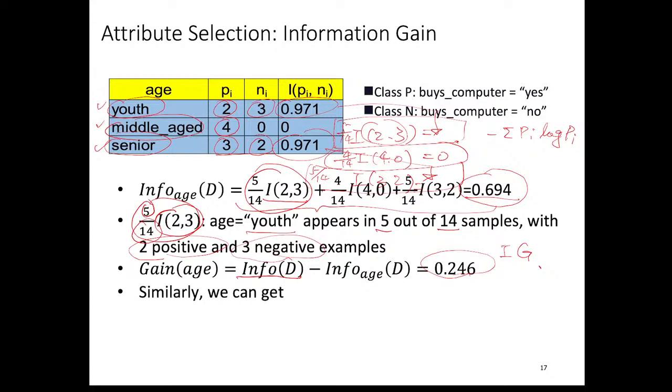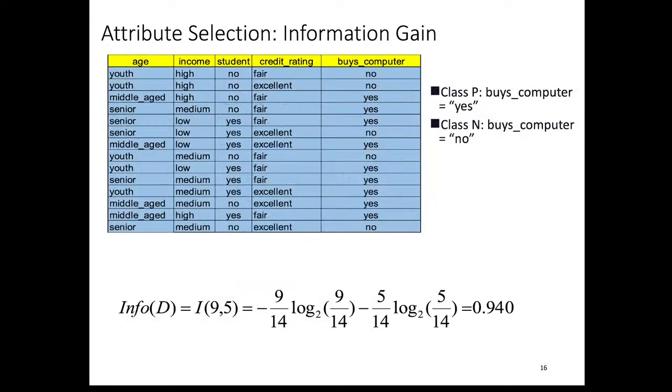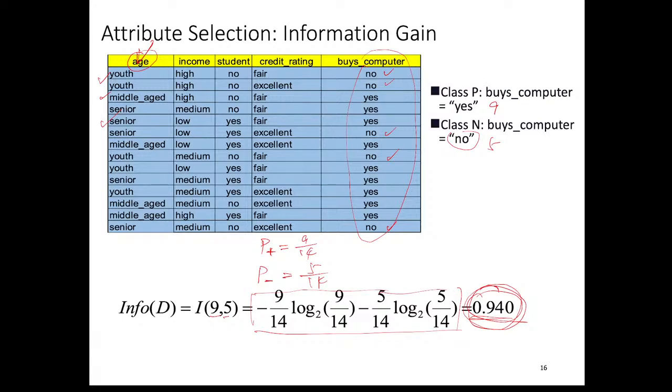Similarly, this is if we use age to divide people into 3 groups, then we will improve by this much. If we use income as the attribute to split people into several groups, let's go back to the original training data. Income has high, medium, and low, so we will divide people into 3 groups.